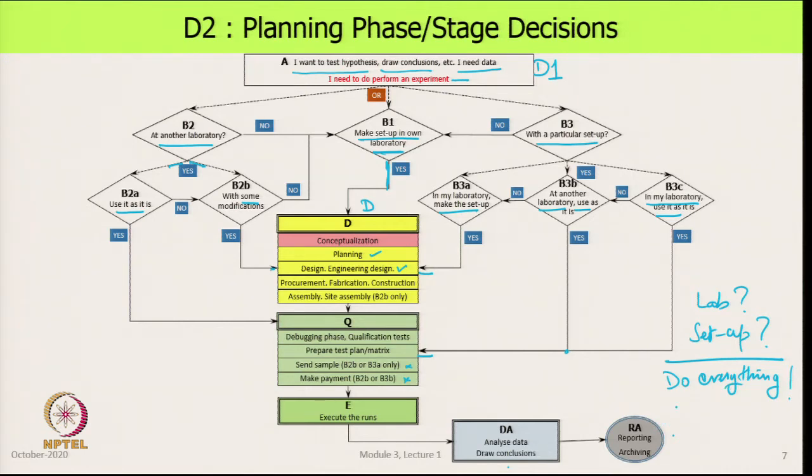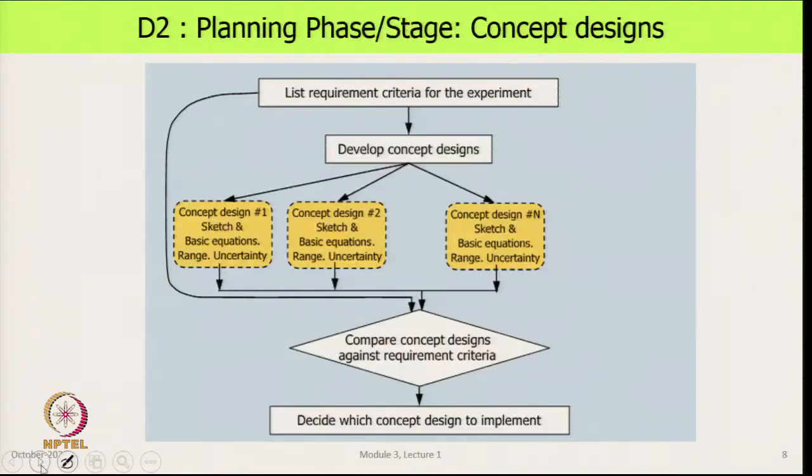So, the process of experimentation, the 9 blocks that we have seen, depending on what this combination is, we skip some of them, but in the end we get what we want. So, that is okay. So, that is the planning phase. And if we have to make it ourselves, then we come to the concept design part of the planning phase, which is basically like a typical design process.